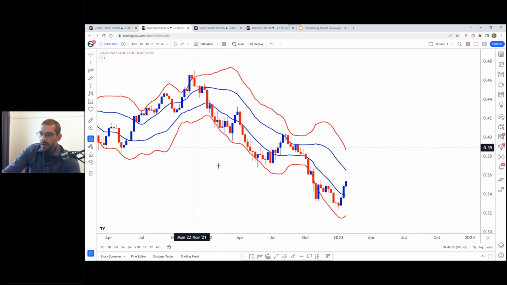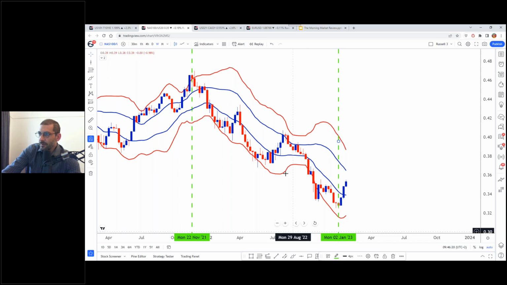And between the 22nd of November 2021 and January 23rd, so about a year and a quarter, roughly, right? We've got the NASDAQ severely underperforming the Dow Jones, outperforming the NASDAQ.